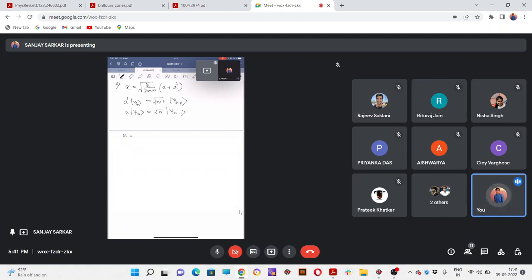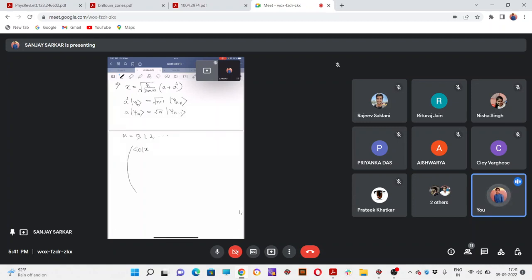So as we know, for harmonic oscillator, n starts from 0, 1, 2 and so on. So for the first 3 rows and columns, we have n equal to 0, 1 and 2. So the matrix representation will be like this.